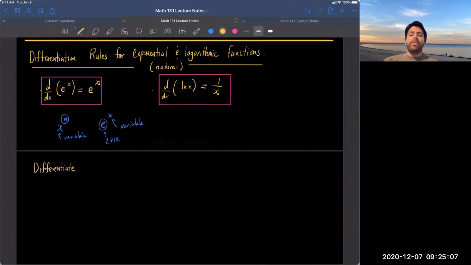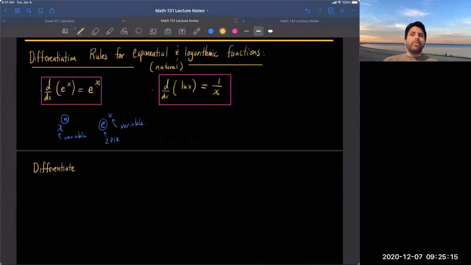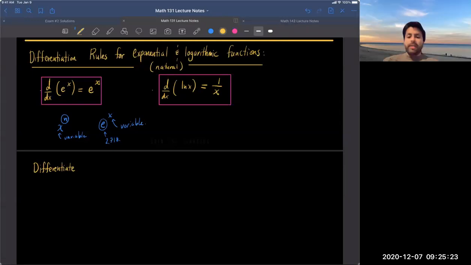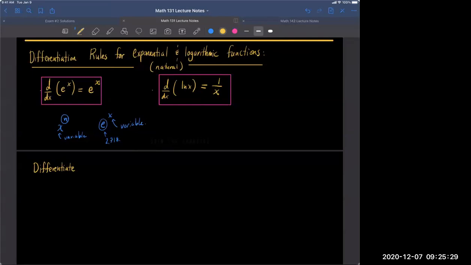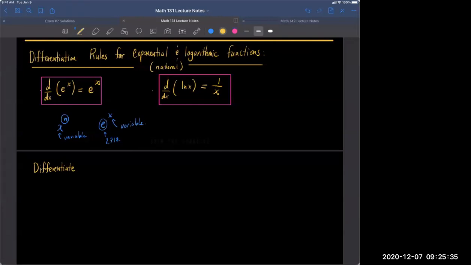Is it better just to know the formulas and move on with your lives, or is there a need to justify every statement that we make? To justify these things, you need a bit more advanced understanding. So for now, it's perfectly fine just to say, okay, that's what it is.